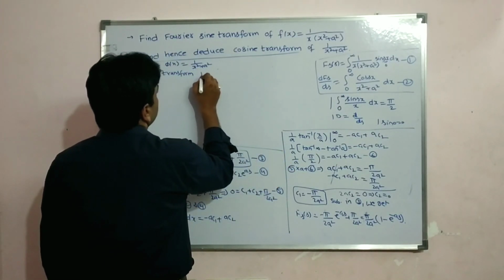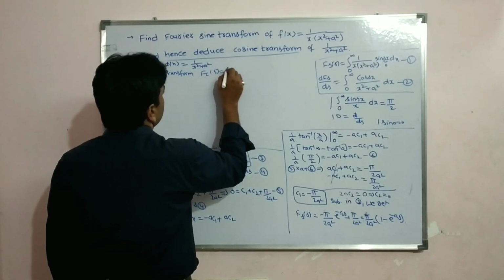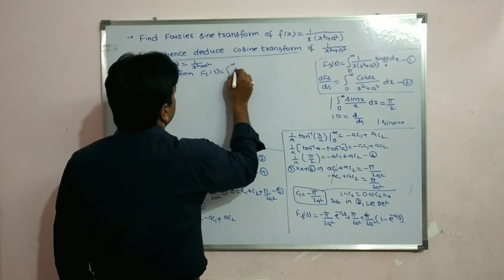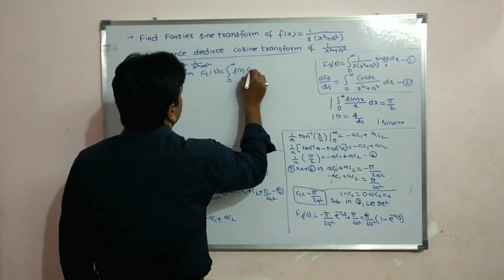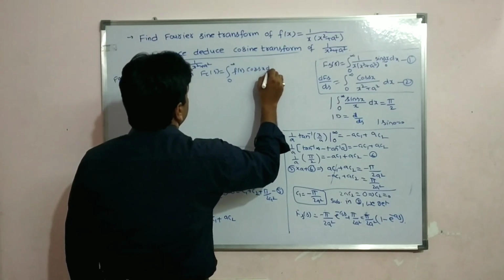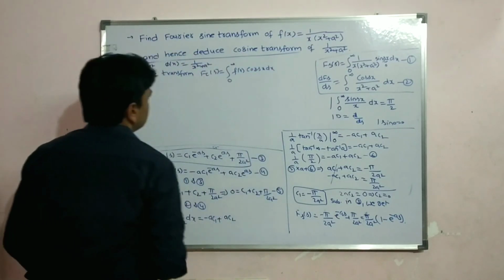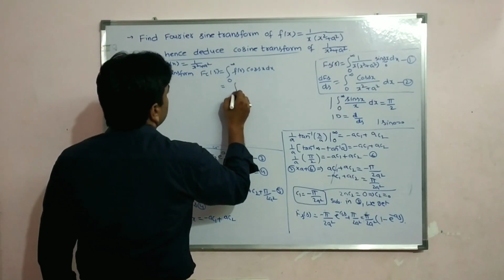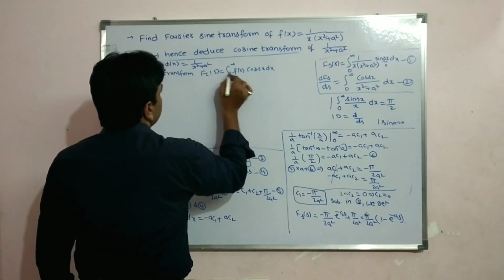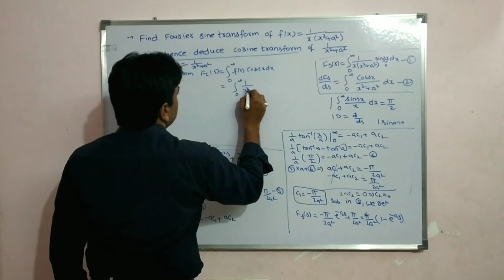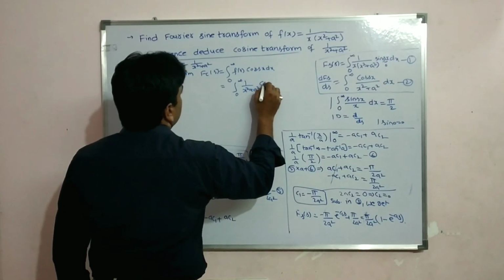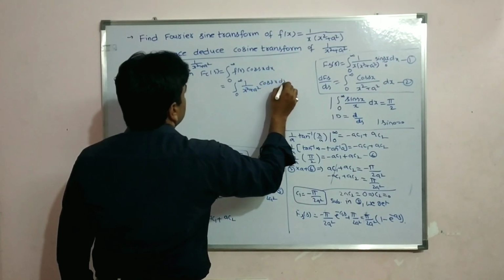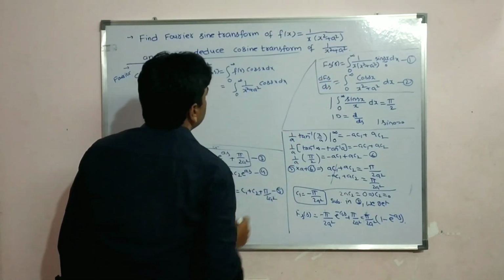The cosine transform Fc(s) is equal to the integral 0 to infinity f(x) cos sx dx. What is f(x)? 1/(x²+a²) cos sx dx.